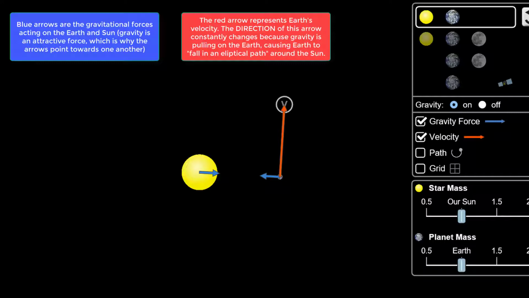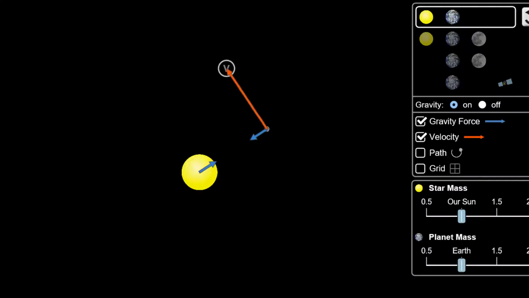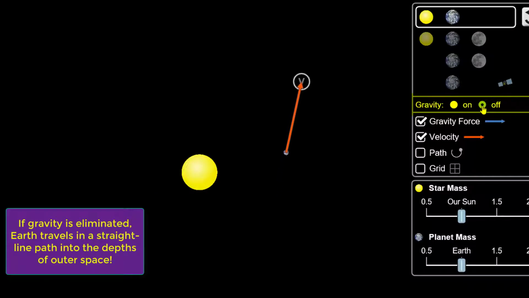But I want you to watch what happens as soon as I turn gravity off. As soon as the gravitational forces between the Earth and the Sun ceased to exist, Earth took off in a straight line path into the depths of outer space.